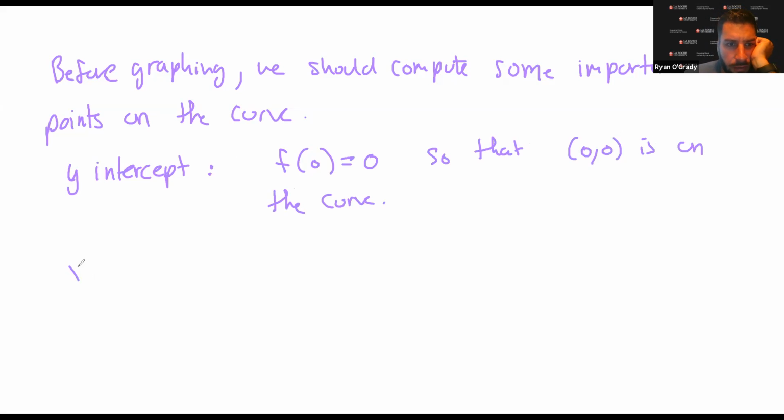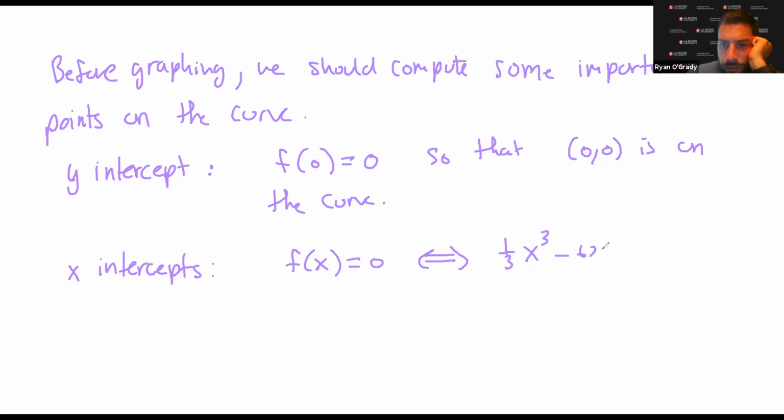What about the x-intercepts? Well, these are solutions to f(x) = 0, which is 1/3 x cubed minus 625x equals 0. One way you can solve this is you can factor out an x.